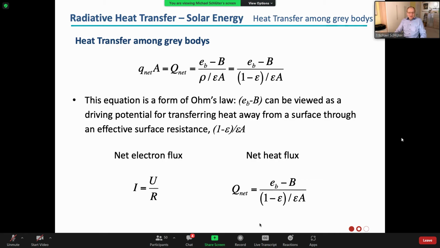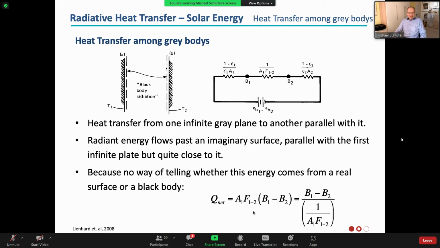And if we use these simplifications, then we know how to derive this example here, because now we can say we have two plates that are emitting, and we have radiation in between, and now we would like to calculate the radiation, and we can split this situation into different resistances.